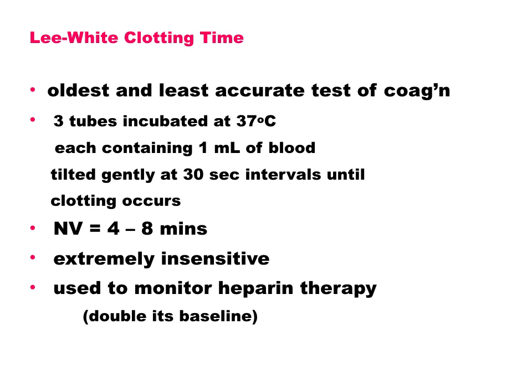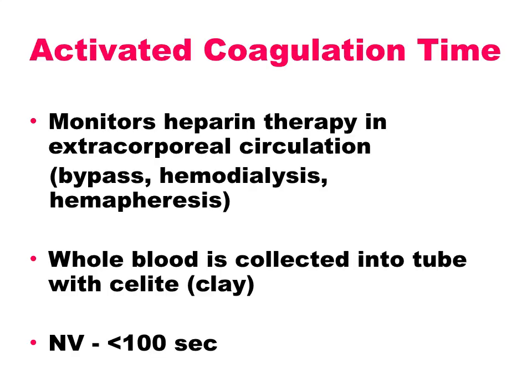The normal range of time for this to happen is about 4 to 8 minutes. This is said to be extremely insensitive, and the role of this was previously to monitor heparin therapy.